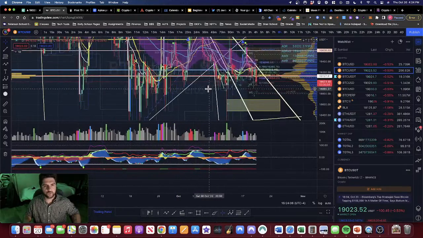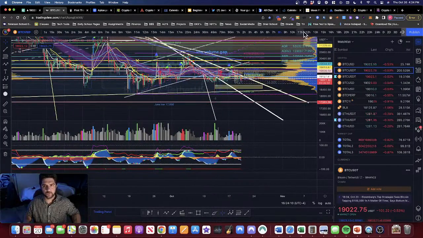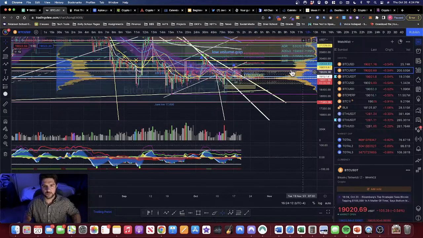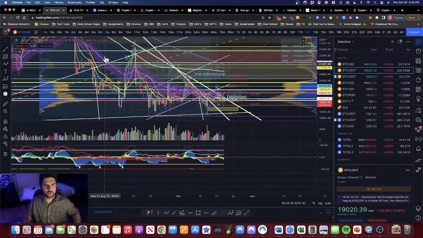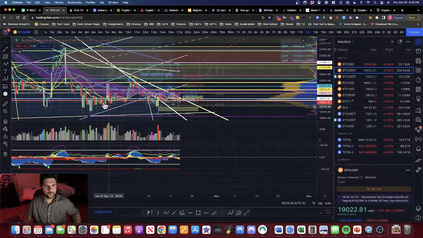Let's talk about the structure. Hold on. Where were we? 12 hour. What did we do after we broke? What's the structure? Here's a beautiful market maker structure. Something like this, I suppose, where you've come into it.